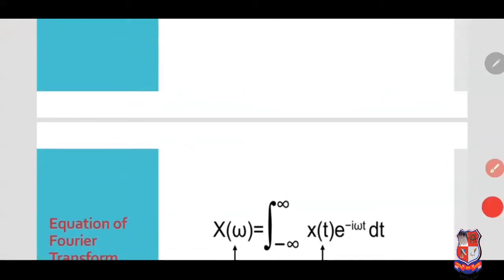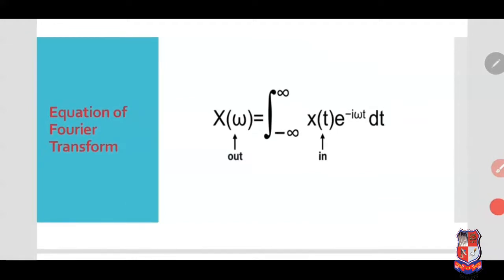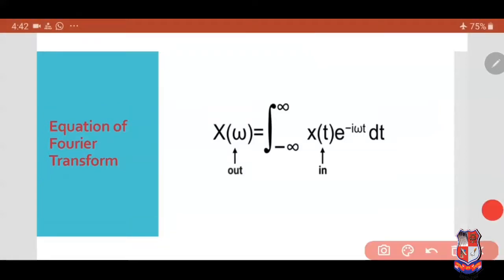I will show you the same thing in another slide, the equation of the Fourier transform as we discussed, where x of t is the input part and x of omega is the output of that particular signal which we had taken.